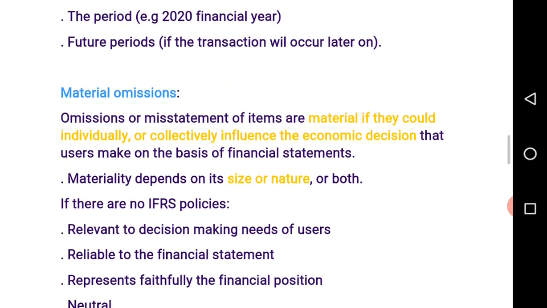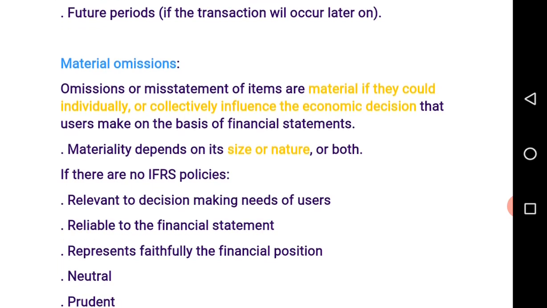So we have material omissions, and we'll be learning under this subtopic here. It says omissions or misstatements of items are material. Now we want to learn how an omission is material. It says if they could individually, if a transaction, let's say a purchase of an asset, could individually or collectively influence economic decisions that users make on the basis of financial statements.